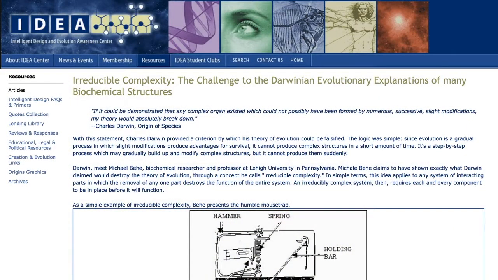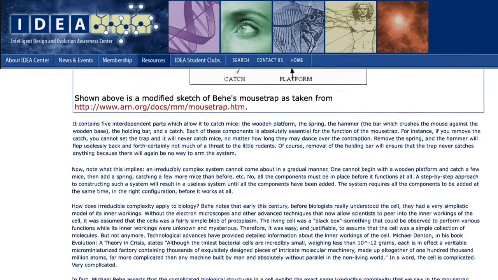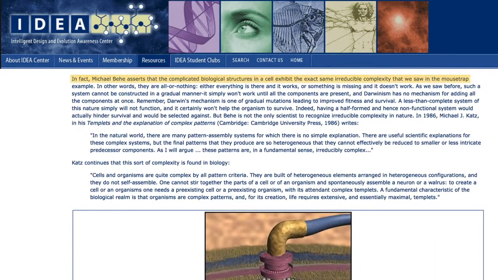An article on the Intelligent Design and Evolution Awareness Center's website summarizes irreducible complexity. Michael Behe asserts that the complicated biological structures in a cell exhibit the exact same irreducible complexity that we saw in the mousetrap example. In other words, they are all or nothing. Either everything is there and it works, or something is missing and it doesn't work. As we saw before, such a system cannot be constructed in a gradual manner.